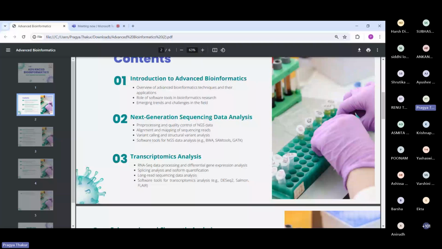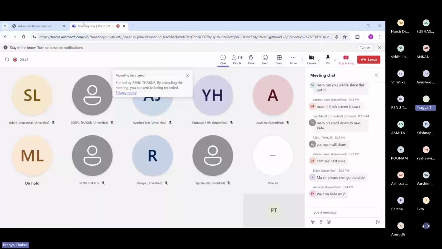Okay, so I was talking about the emerging trends and the role of software tools in bioinformatics. Let me try to bring that.